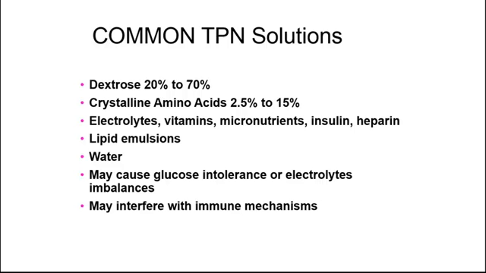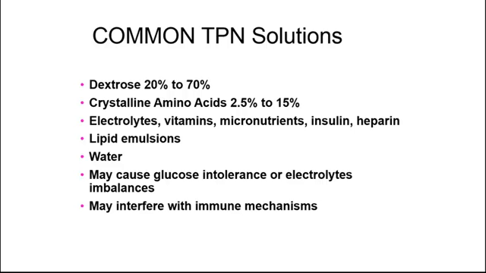Because it is so high in dextrose, it may cause glucose intolerance or electrolyte imbalances, because it does contain all its electrolytes, vitamins, insulin, heparin, amino acids, all of that. For that reason, we closely monitor that.